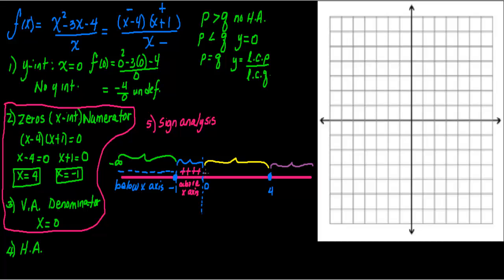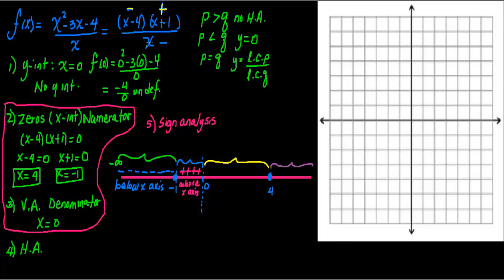Okay? Now let's go to our next region. For this region, I'm going to choose a number from 0 to 4. Any number you want. Let's choose 3. If I plug in a 3 here, will the result be negative or positive? 3 minus 4. That will be negative. If I plug in a 3 here, plus 1, I'll get a positive number.